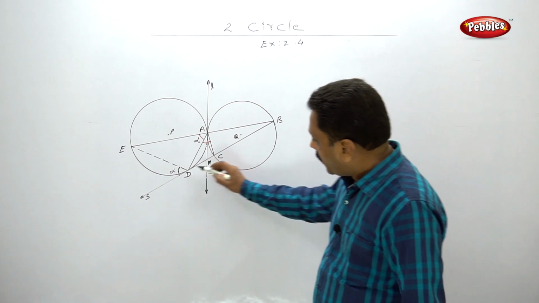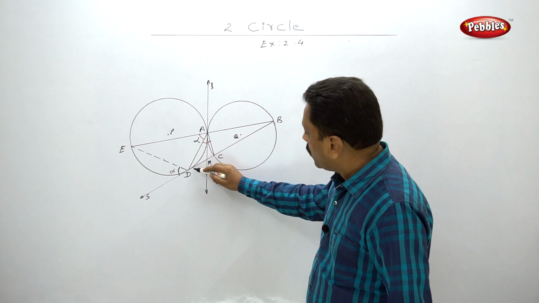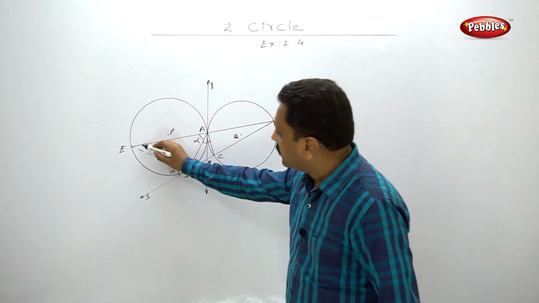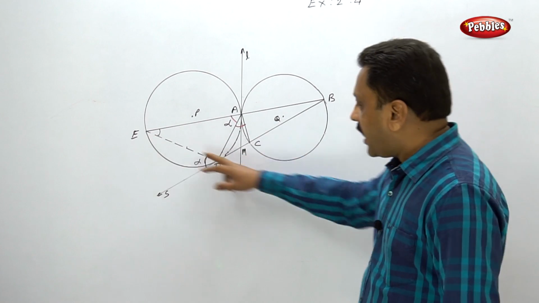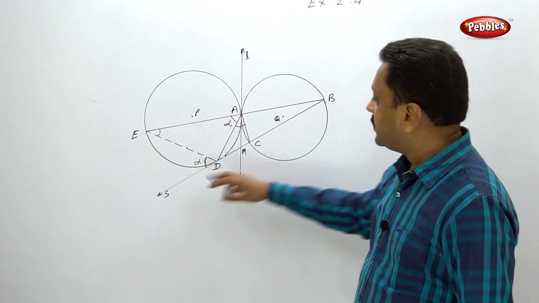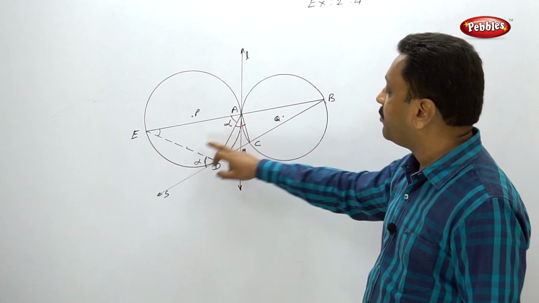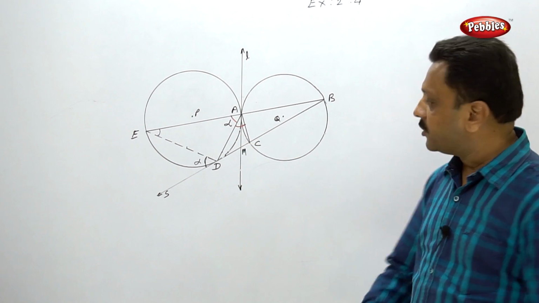Now this arc is common, so this angle is beta and this is also beta. So this angle EDS is equal to angle EAD. So I have given the name alpha to both of them because of angles in alternate segment.